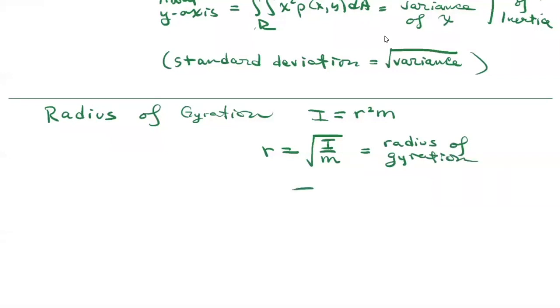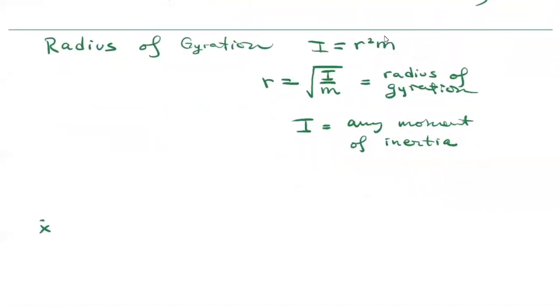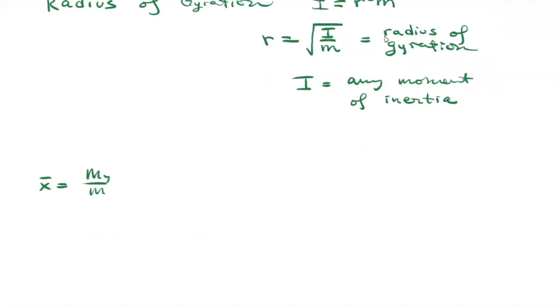And I could be any moment of inertia. If you remember the centers of mass, for instance, x bar was my over m. So you take the moment, you divide by the mass, and y bar was mx over m.